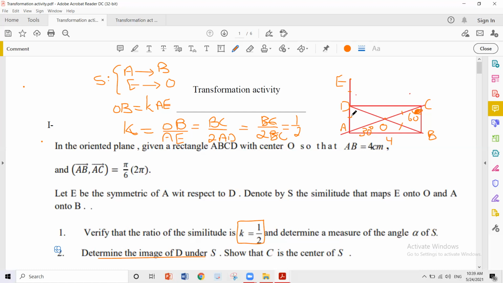A similitude conserves midpoints. So S of D is the midpoint of S of AE. What is S of AE?